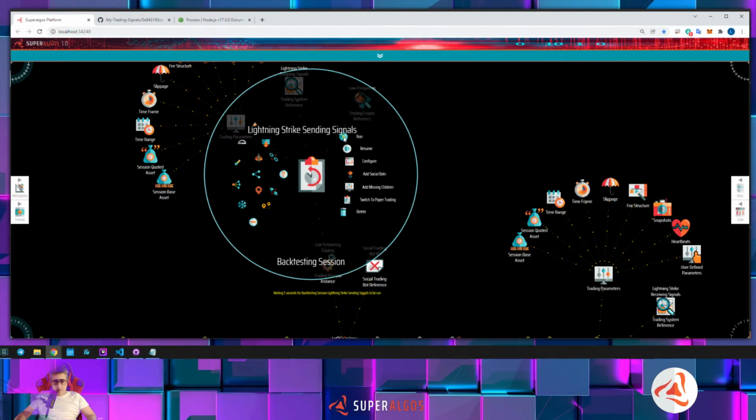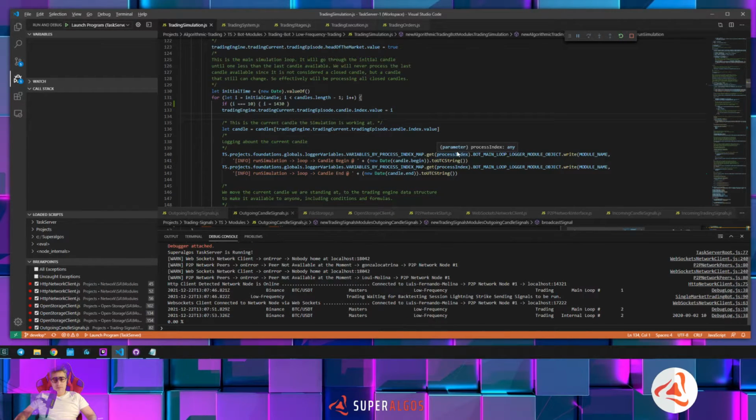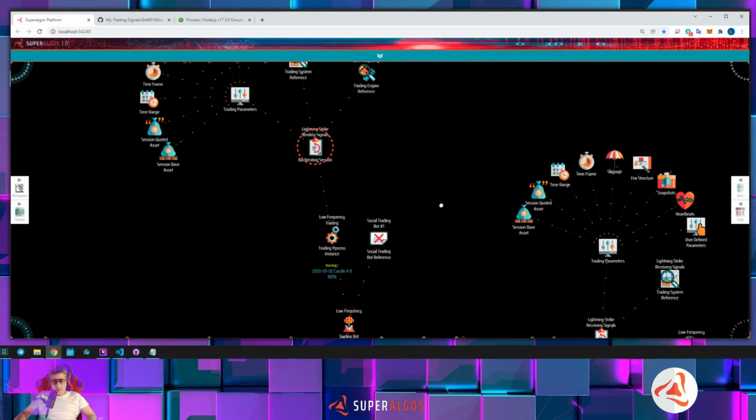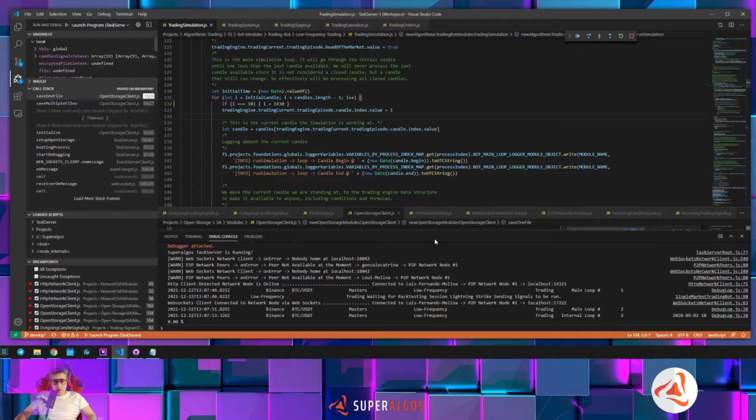Running and running. Only 20 candles, more or less.